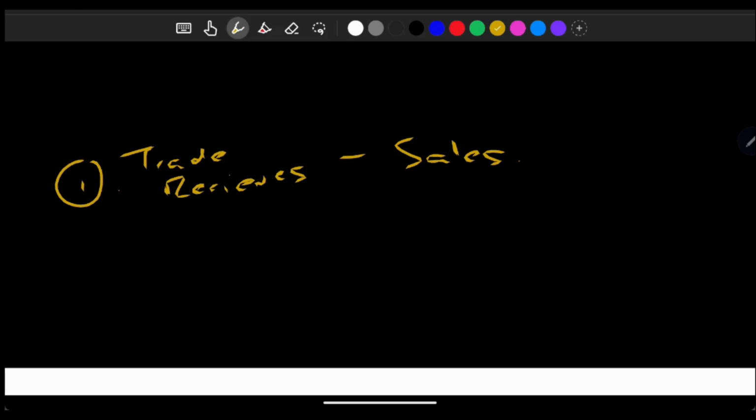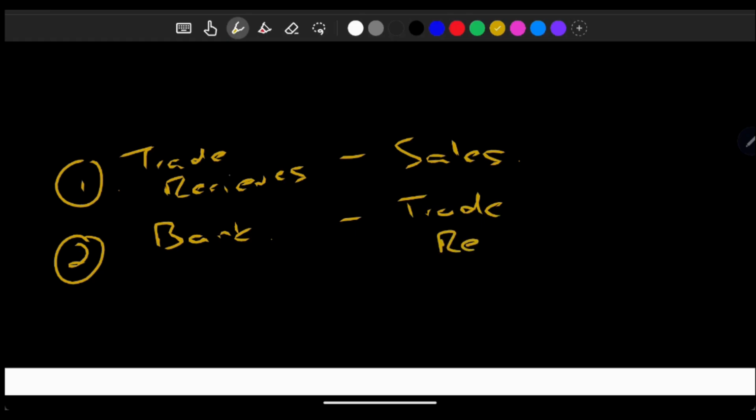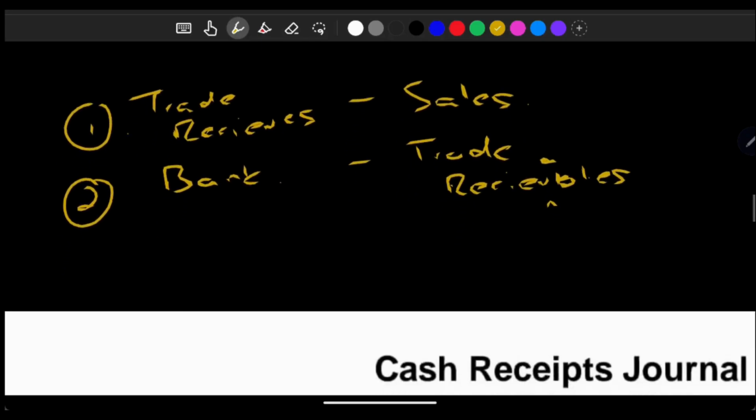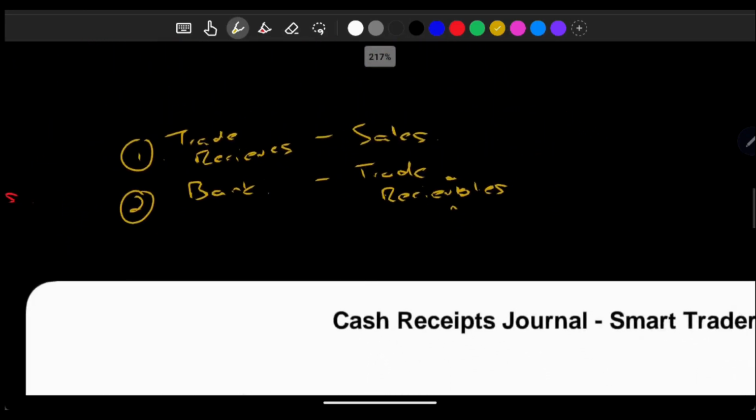When she comes back now, what happens? It's no longer a sale, rather it's just her paying back the account. Bank gets debited, and then we decrease the amount of people who still owe us. We decrease our debtors, so trade receivables gets credited.